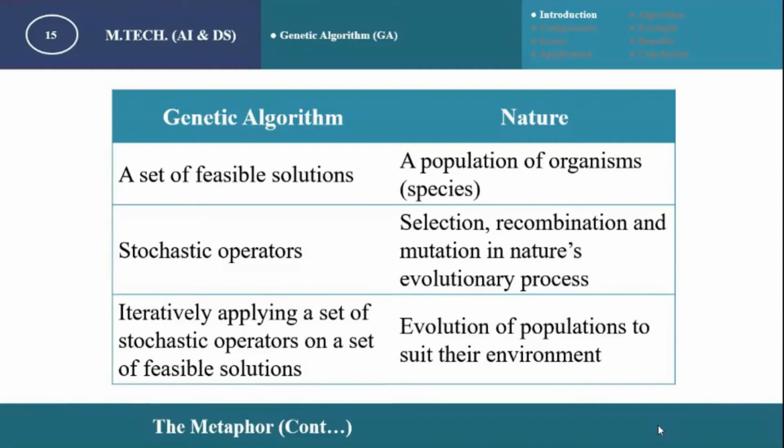Some birds have long wings, some have small wings. Many theories of evolution have been put forward by biologists, and this concept of the theory of evolution is applied in genetic algorithm also.